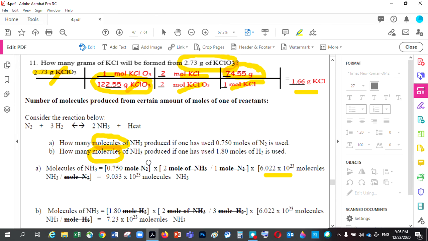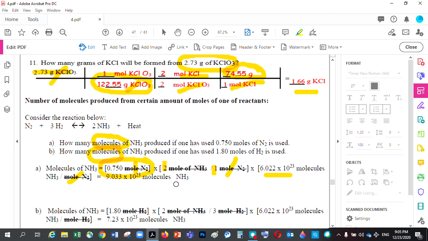So we start with whatever is given to us, moles of nitrogen. I go to the equation, I have 2 moles of the product ammonia to 1 mole of the reactant nitrogen. So the mole of nitrogen with the mole of nitrogen cancels out. I have to get rid of the moles of ammonia, so I have to multiply by Avogadro's number, which is 6.022 times 10 to the power 23 molecules of ammonia per 1 mole of ammonia.